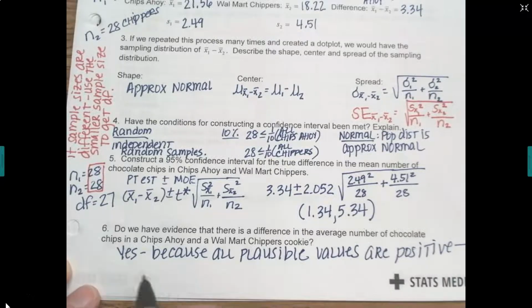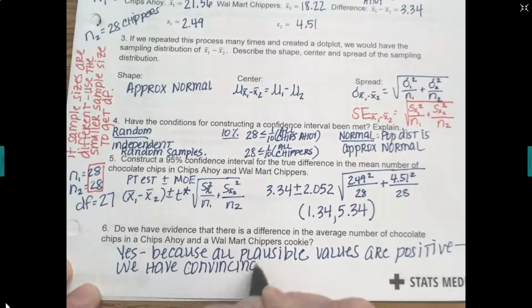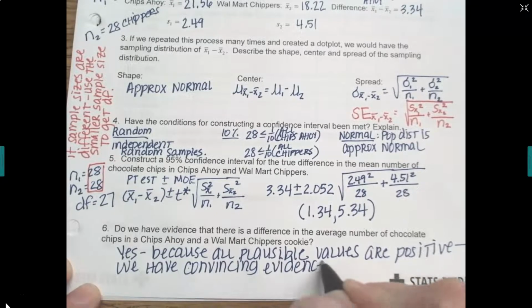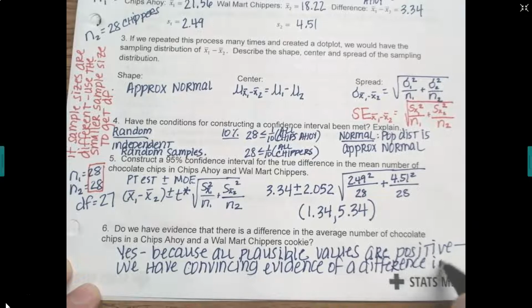Okay. So we have convincing evidence of a difference in the average number of chocolate chips.